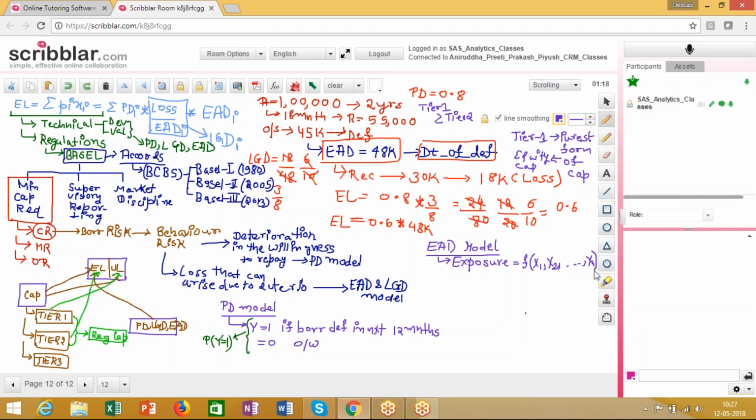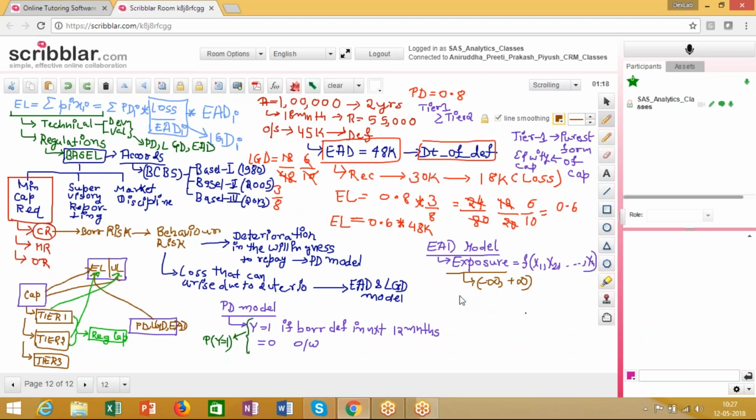There will be independent variables in terms of which this can be estimated. Observe that the dependent variable over here is exposure, and this exposure can be defined between minus infinity to plus infinity. However, if an exposure is negative, it means that there has been an overpayment, and hence no exposure is left. So it is capped at zero.